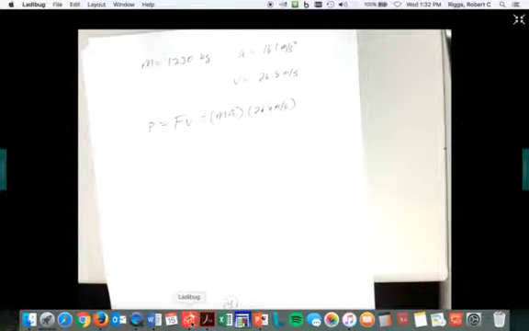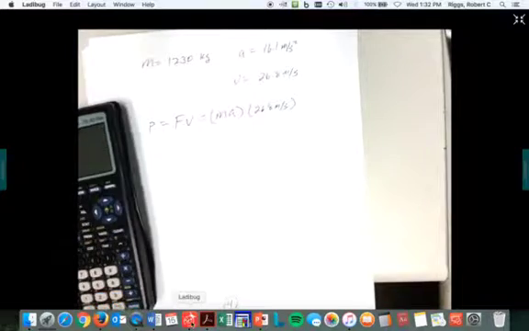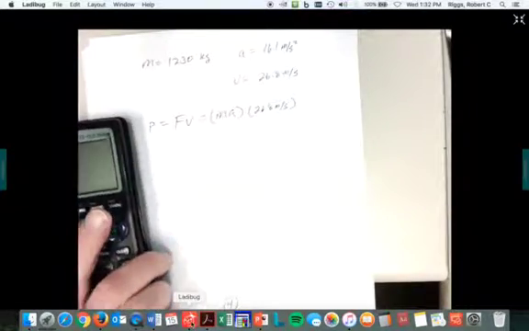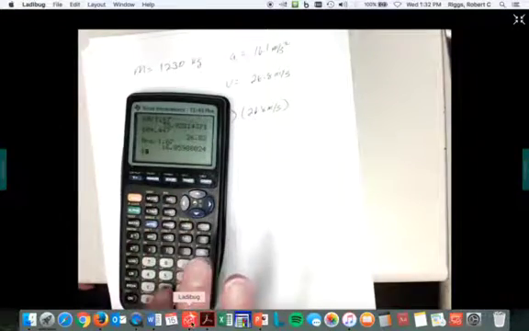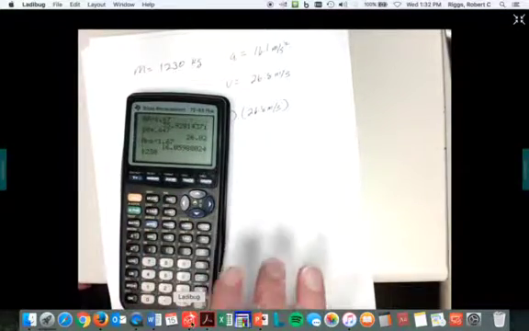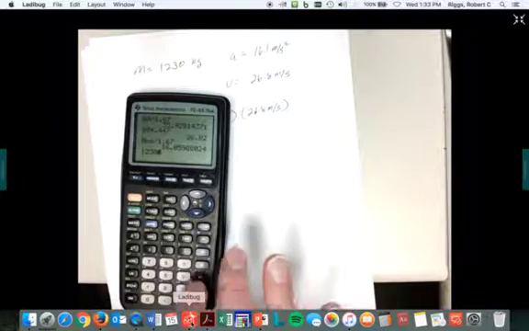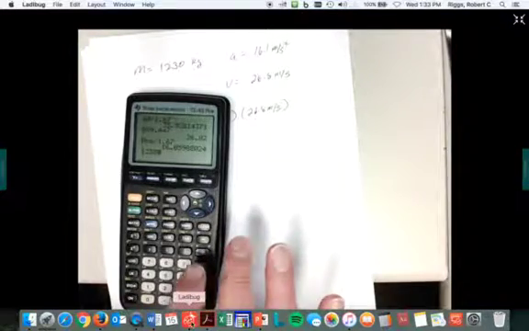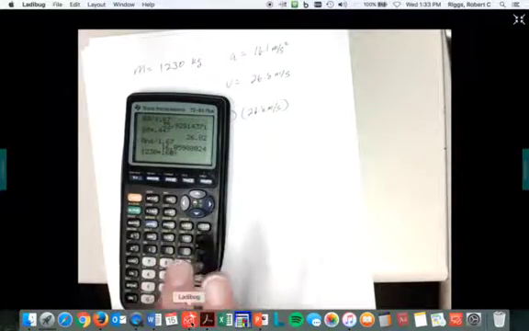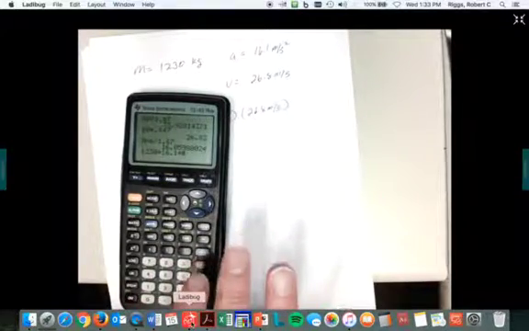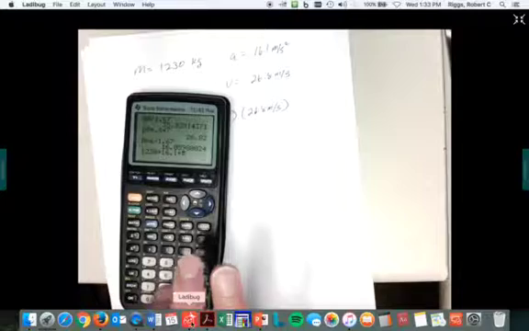This is going to be mind-blowing. When we do it for the Bugatti, you'll find that we actually hit it pretty good. But this one, I don't know, because I got 1230. The Bugatti only had an acceleration of about a fourth of this. So 1,230 times 16.1 times 26.8.